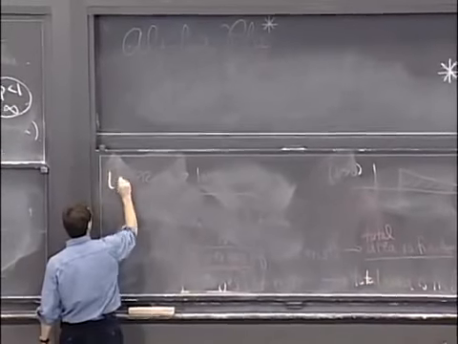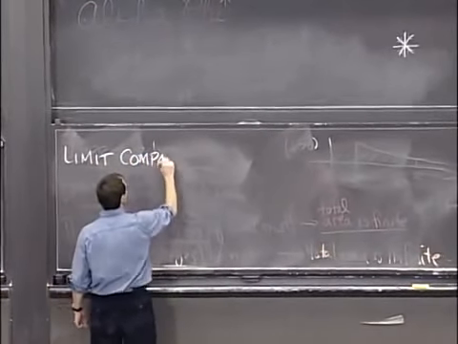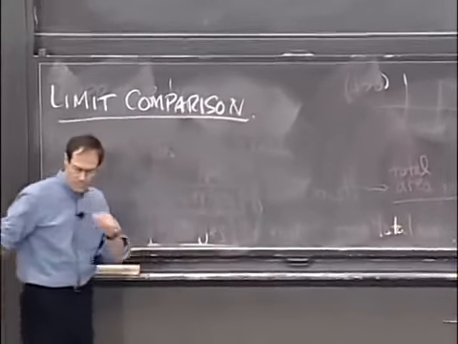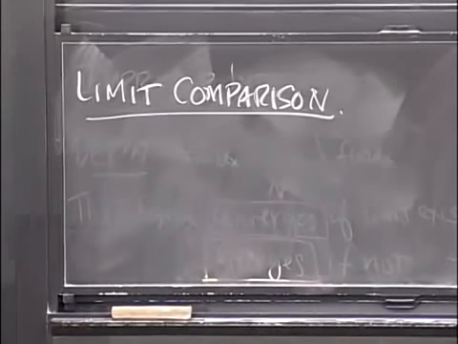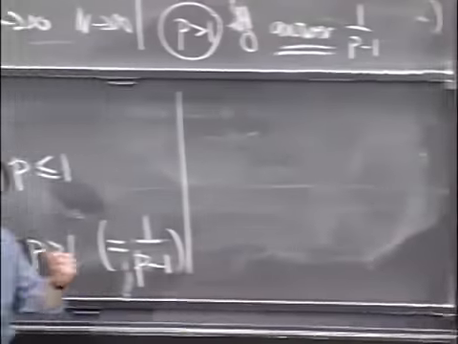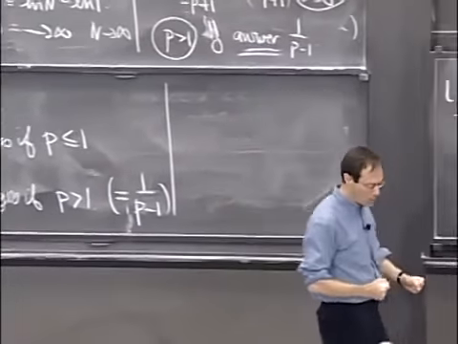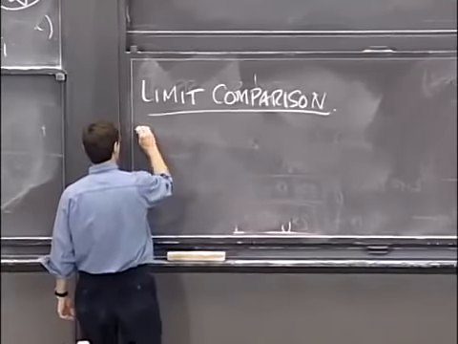So here's the next idea, something called limit comparison. Limit comparison is what you're going to use when, instead of being able actually to calculate the number, you don't yet know what the number is, but you can make a comparison to something whose convergence properties you already understand. Well, here's the statement.